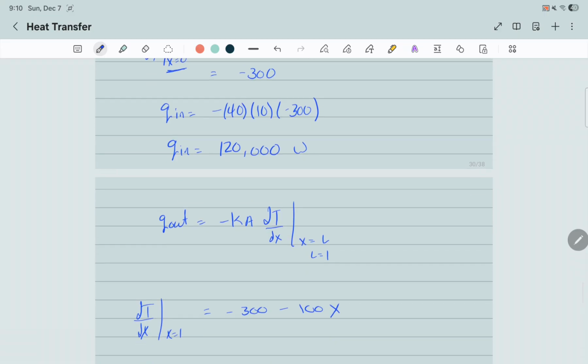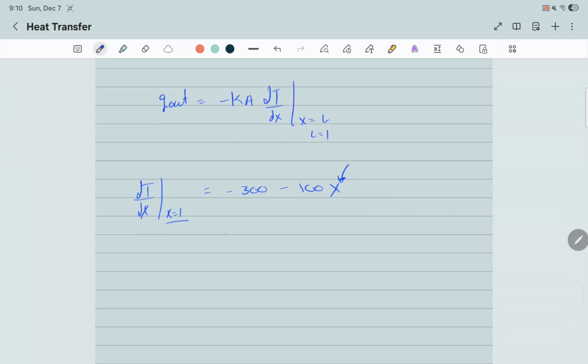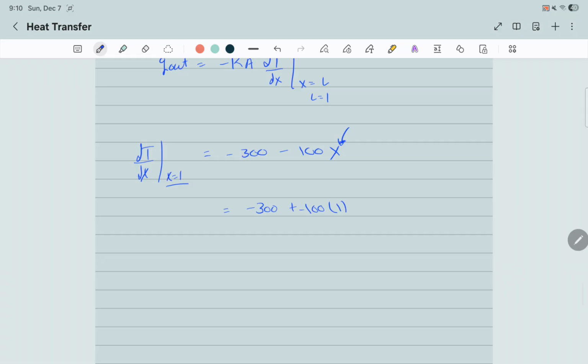We're going to substitute the value of x, which is 1, which equals negative 300 minus 100 times 1. That will be negative 400. Therefore Q out equals negative 40 for your K times 10 for the area times negative 400.